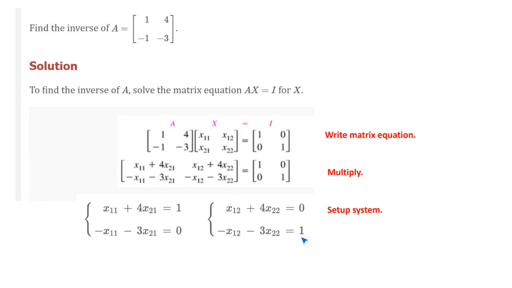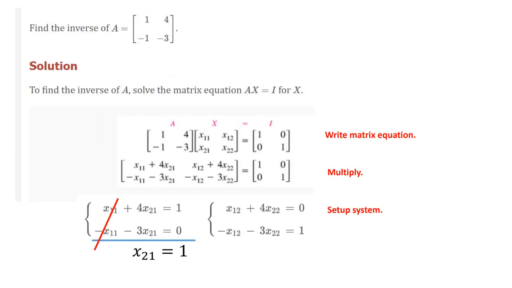Again, it looks weird because of the x11 and the x21, but you can just treat them like a number. In this system, notice that this is a positive and this is a negative, so if I add them together, I can solve for the variables. I can add the equations, so these would cancel out. Then 4 plus negative 3 is 1, so 1 x21, and 1 plus 0 is 1.